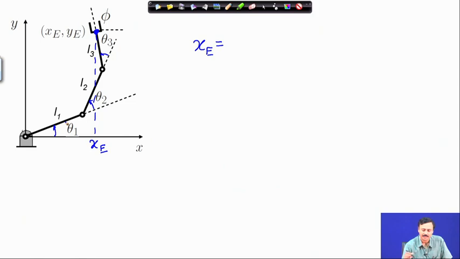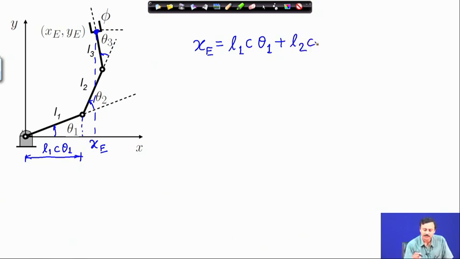The projection of link length L 1 is L 1 cosine theta 1, very easy to see. C theta 1 stands for cosine theta 1. Similarly, the projection of L 2 I have to add to this. Now, what is the projection?